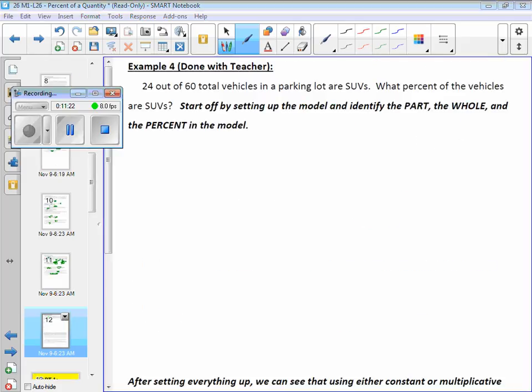Tell me if you got at least this far, though. My template is part to whole. What goes in the ratio? Come on, I know we got that far. What's the part? What's the whole?